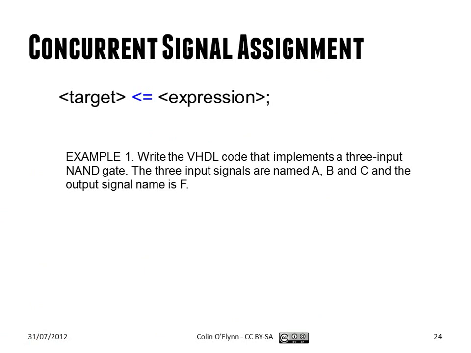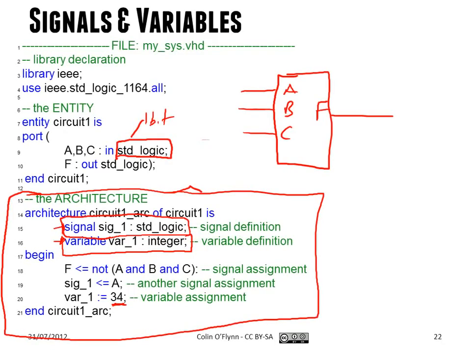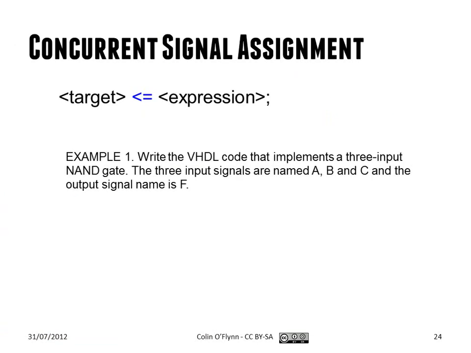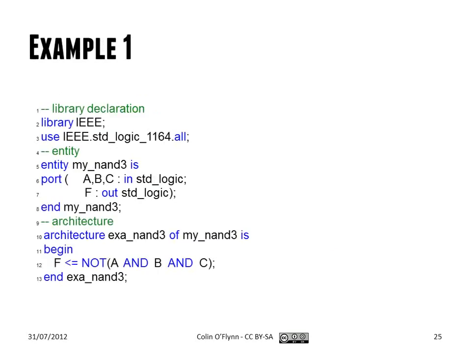So when we have those signals, we have a signal declaration here, we can assign a value to it in a bunch of different ways. So for example, a 3-input NAND gate, if we have ABC and output signal F, we assign it with this angle bracket equals line. And so we would have something like this.